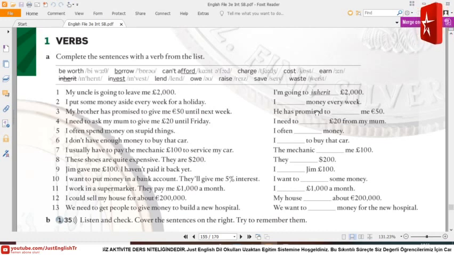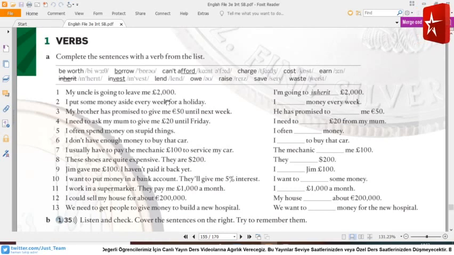If you don't understand, I can help you. I save money every week. If you save money every week, it means you put your money aside weekly for your future plans. Maybe it may be a holiday, maybe you wanna buy something.